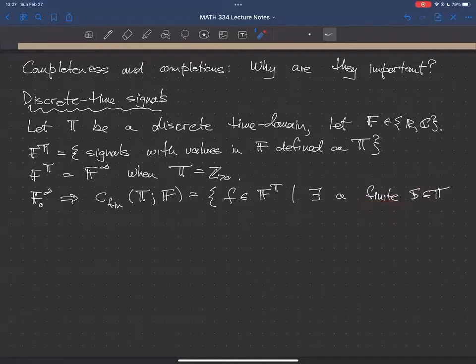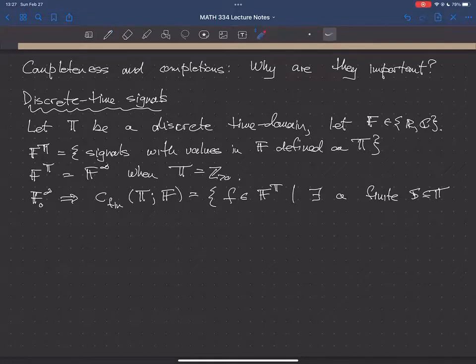Finite, remember, as a time domain means it's bounded from above and below. For discrete time domains, that's also the same as saying it's finite as a set, which isn't true in the continuous time case, but we'll get there.